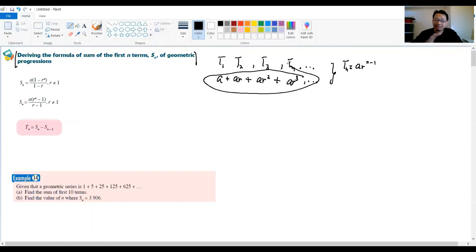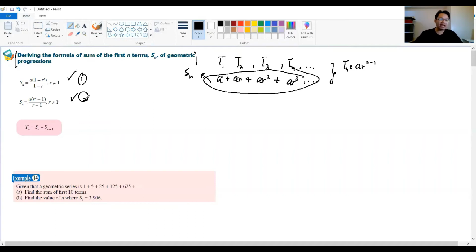There are a lot of numbers, a lot of alphabets and powers. So for this topic, we introduce a new formula to find the sum of n terms for this sequence, Sn. We have two formulas here, number 1 and number 2.